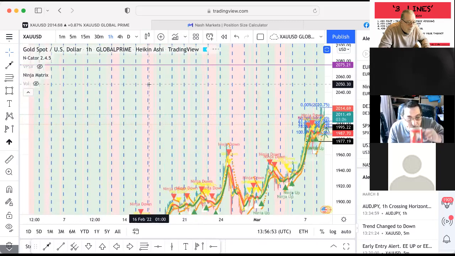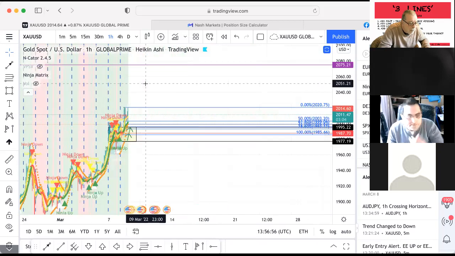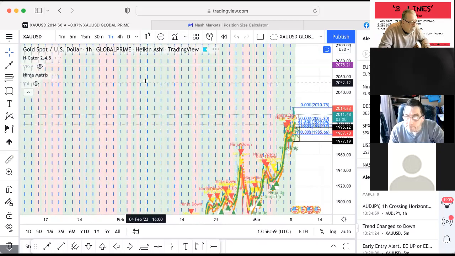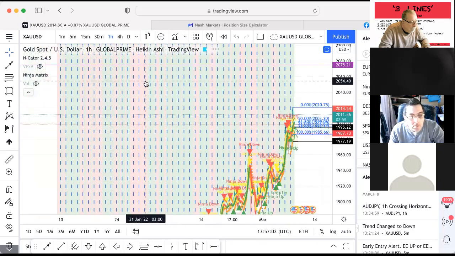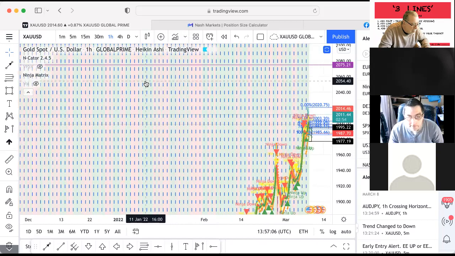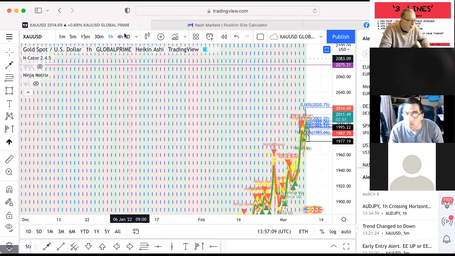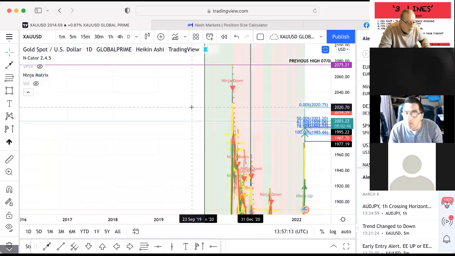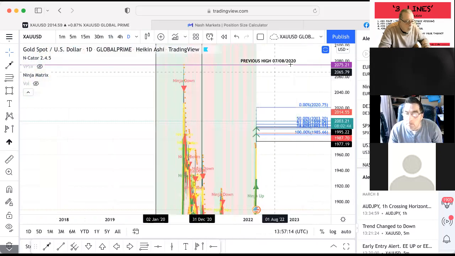I thought I'd put a date on that, but it's going back some way. I think it's going back to August 2020, so I'm not going to find it on that chart. There we are, previous high, the 7th of August 2020.